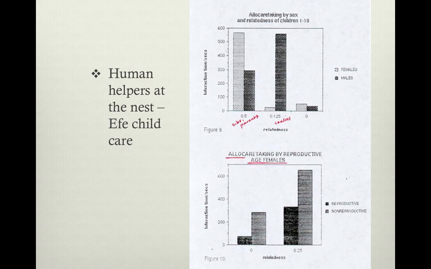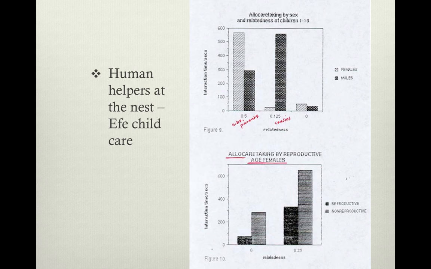Females are much more likely to take care of their siblings than are males. But then we find this interesting case that at this degree of relatedness of 0.125, so this is cousins, males are much more likely to provide alloparental care. So in general, a female is going to be taking care of her siblings. Males are not, therefore males are going to take care of their cousins.